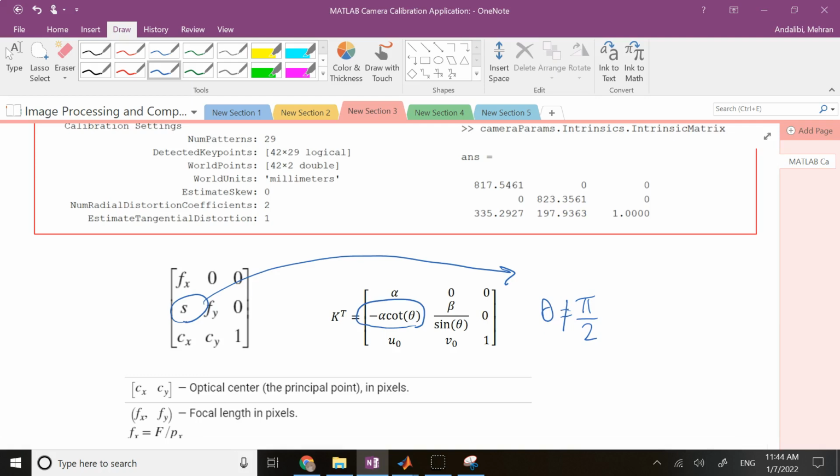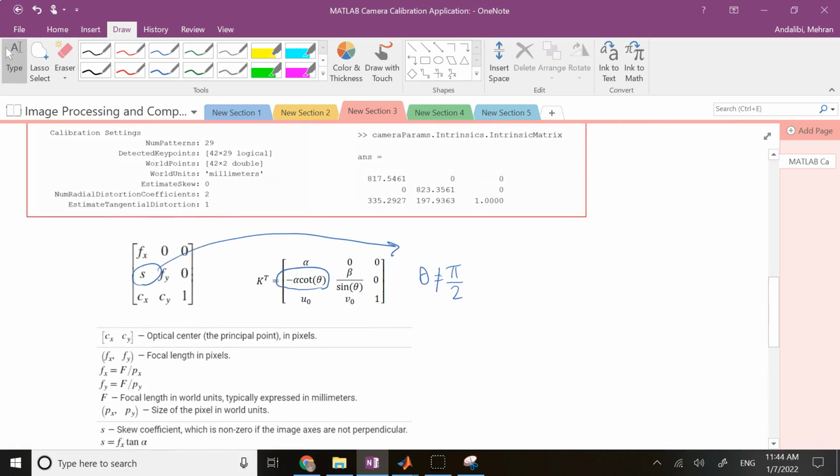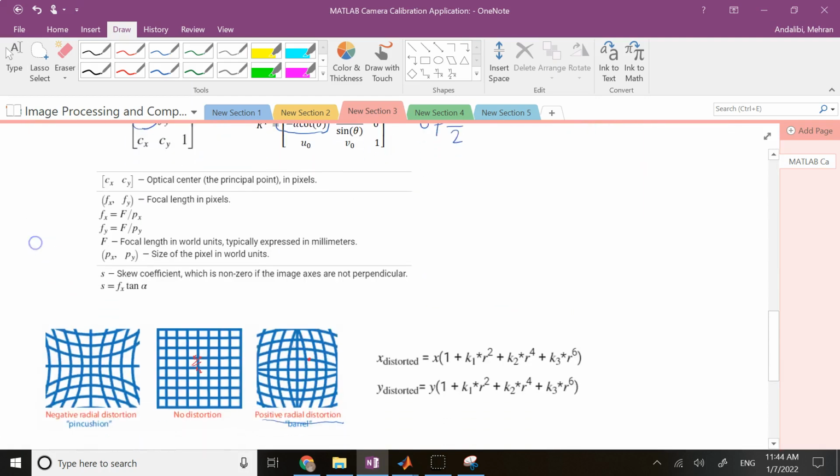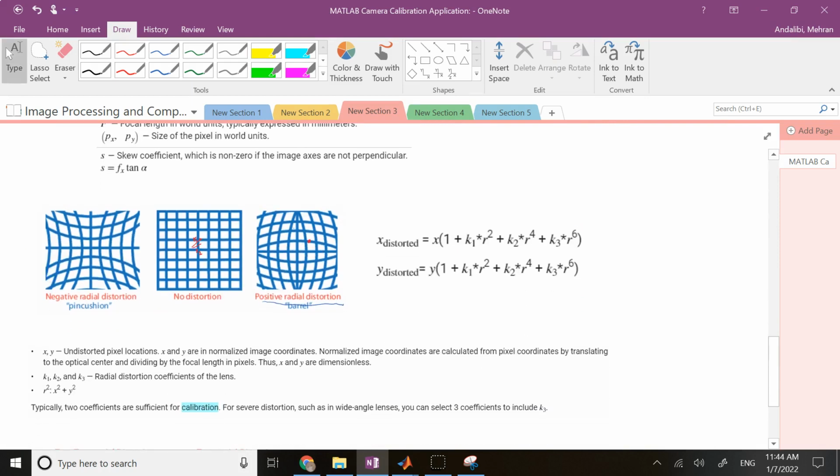Okay, that's the skew. But what are radial and tangential distortions? So for radial distortion, the X that should be projected on the physical retina is not going to go straight to the place that it's supposed to go. It is going to bend a little bit radially.